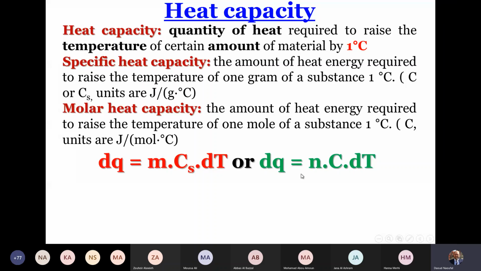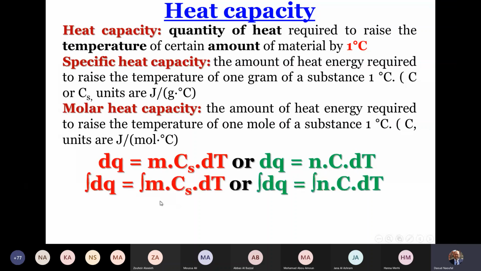If the exercise describes the amount as mass, I have to use m C_s. And if it uses the number of moles, I have to use n times the molar heat capacity.